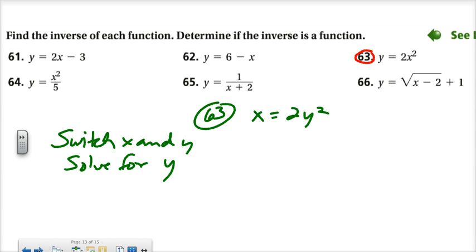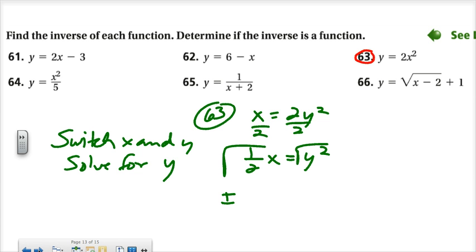I've switched the x and y, now I need to solve for y. So we divide by 2, or write it as 1/2 x. You can write it x over 2 or 1/2 x, whatever you want to do there. But then we have to take the square root, and that's going to give us a little plus or minus business going on here. So plus or minus the square root of 1/2 x equals y.